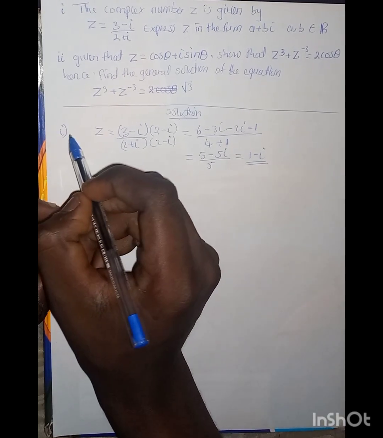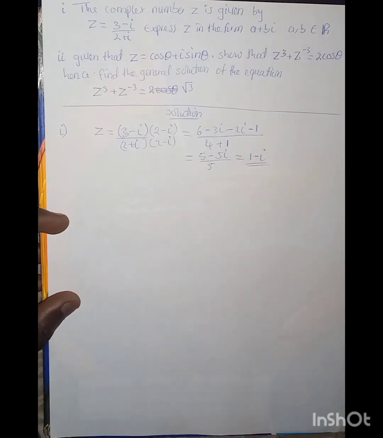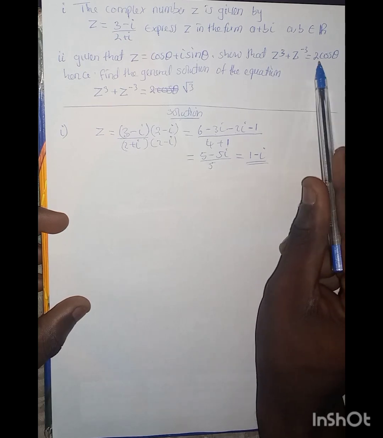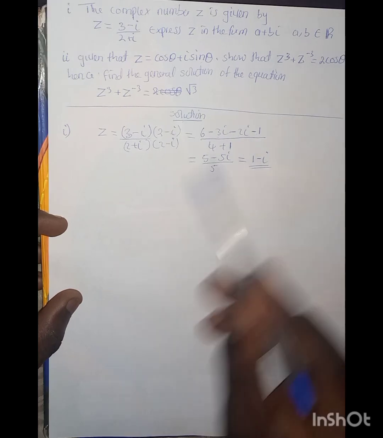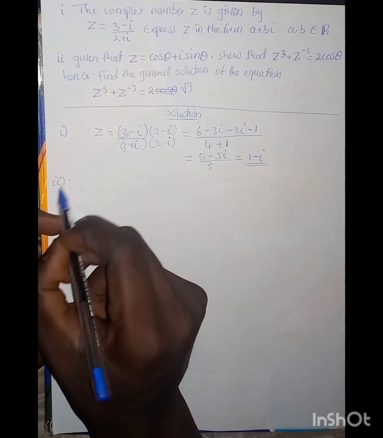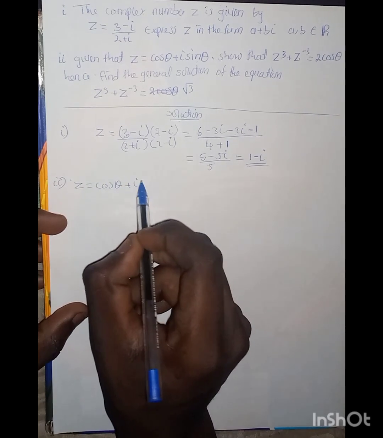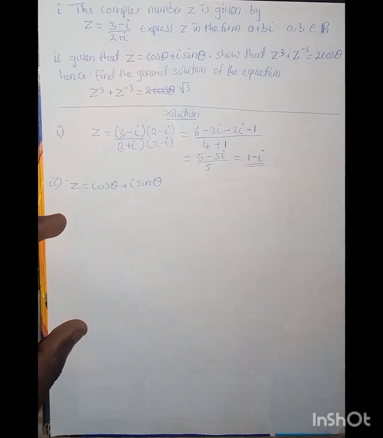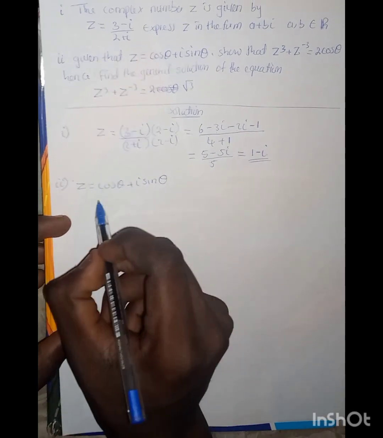Then Roman 2 says that given that z is equal to cos theta plus i sin theta, we should show that z to the power 3 plus z to the power negative 3 is equal to cosine of 2 theta. So I'll just raise everything to the power 3.